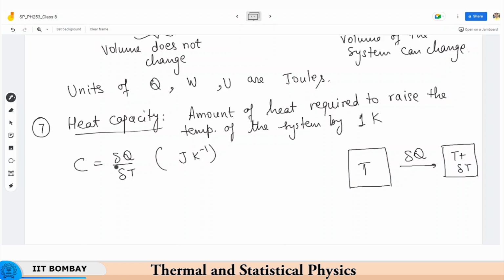The lake has many water molecules, so it requires proportionally high amount of heat to raise the temperature by 1 degree. So what I mean is this is an extensive variable, and it is often useful to convert this heat capacity to an intensive quantity, which is usually known as specific heat capacity.